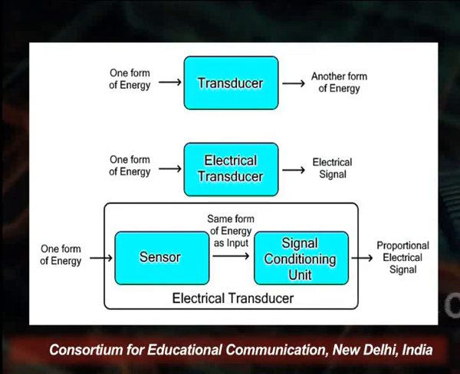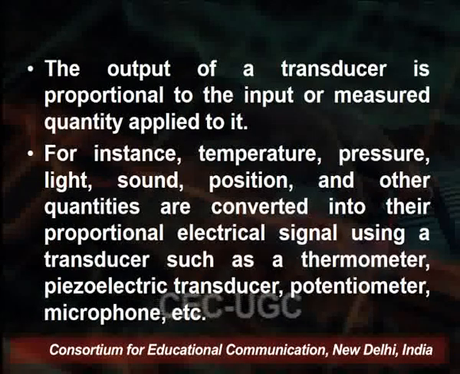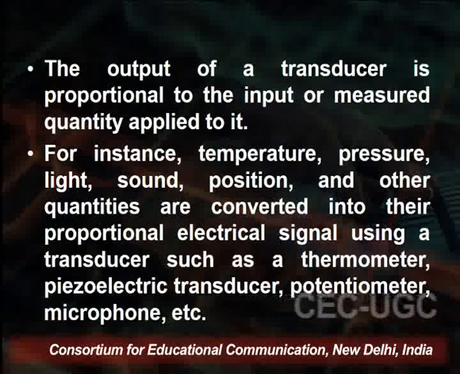Electrical transducers use two units, one is a sensor and the second is a signal controlling unit, which converts one form of energy into an electrical signal. A simple transducer converts one form of energy into another form, and an electrical transducer converts one form of energy into an electrical signal. That's why they are known as electrical transducers. The output of the transducer is proportional to the input or measured quantity applied to it.